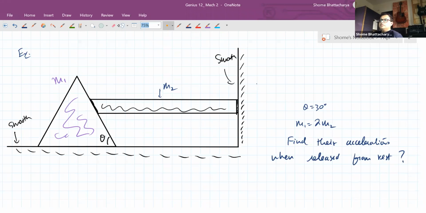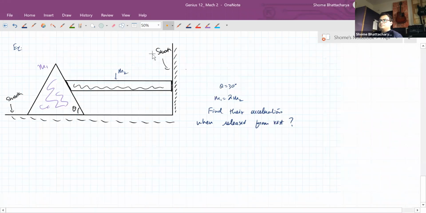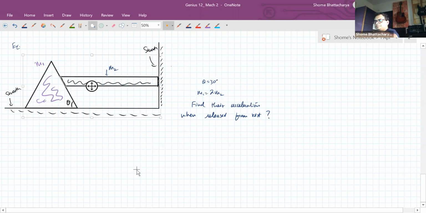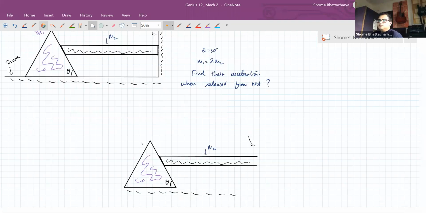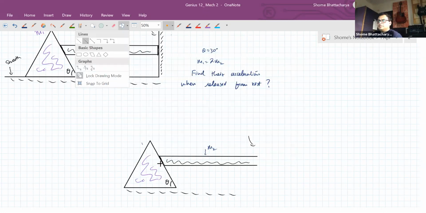So here also, I'll make use of the virtual power method of calculating the constraint relation. See, I know that the wedge is constrained to move in the horizontal direction.